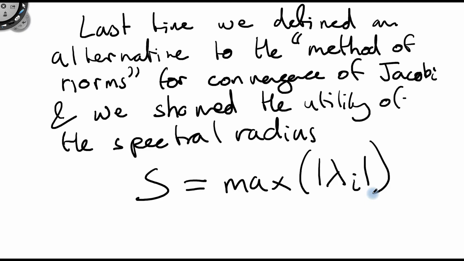For a small matrix at least, this is relatively easy to compute, and we'll show how things converge. So what I want to do now is demonstrate with a simple 2x2 example.